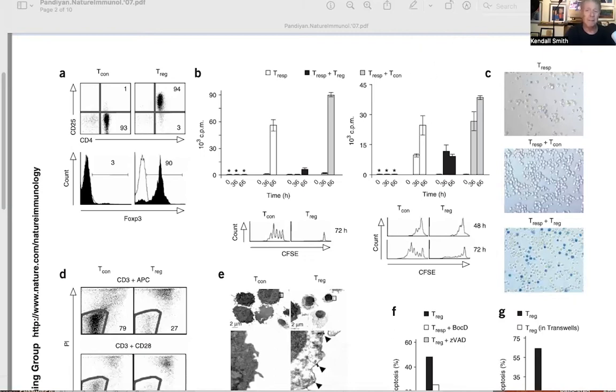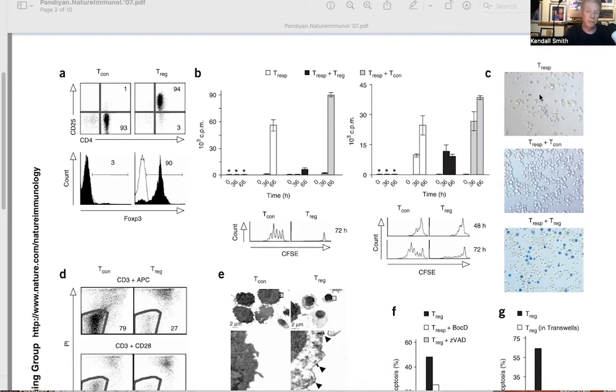And here is really what I think is probably, they say a picture is worth 1,000 words. This is in vitro, looking at the cells under the microscope with trypan blue, the vital dye that will be excluded from normal cells, but will be taken up by dead or dying cells.